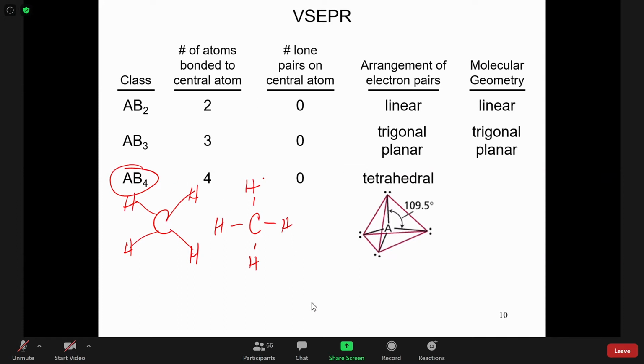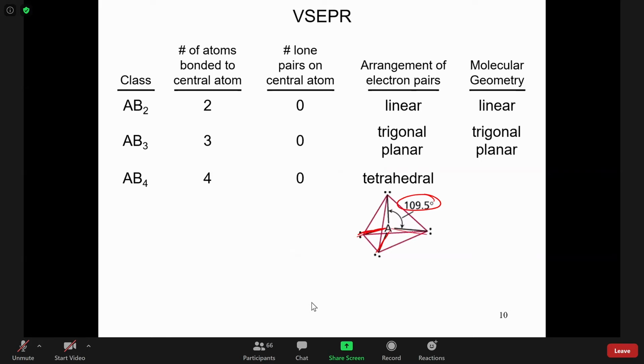That's not, let's just say that methane can do better. Methane can do better than that. If it orients itself in space like this, the bond angles can be 109.5 degrees, which is obviously a larger bond angle than 90. So we have something sticking out here. It's a tetrahedron. We have something kind of pushed back here, coming out of the plane a little bit, and this one is in the plane here. So this is a tetrahedron.